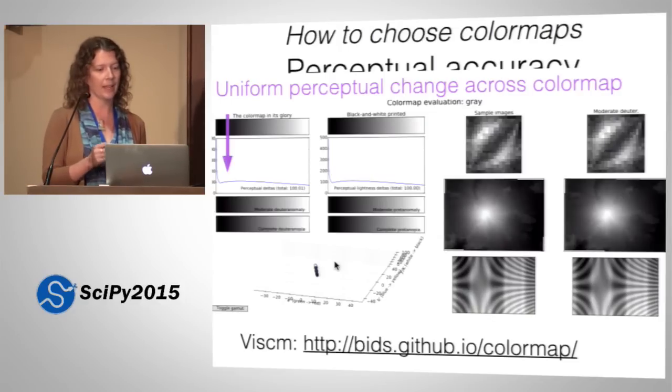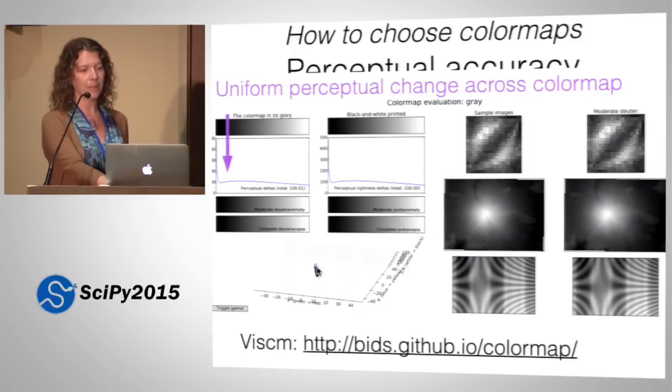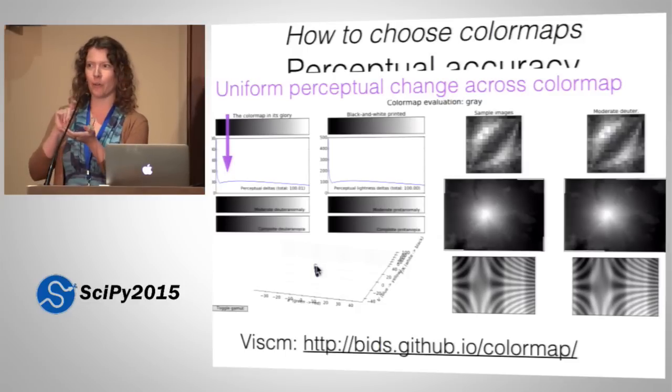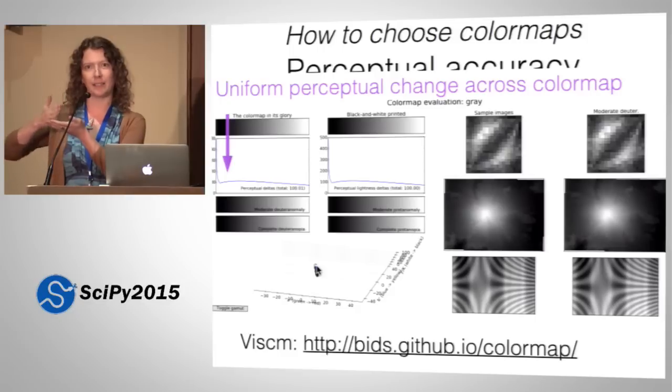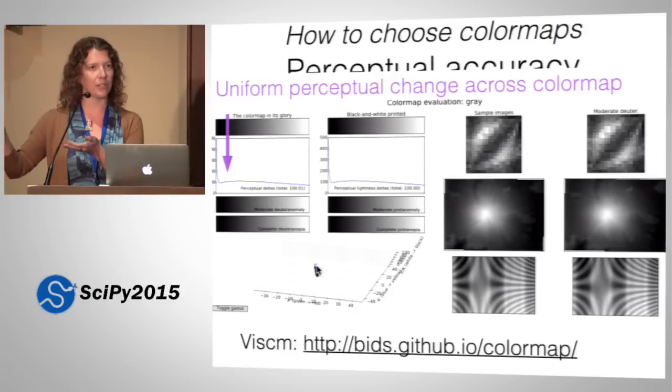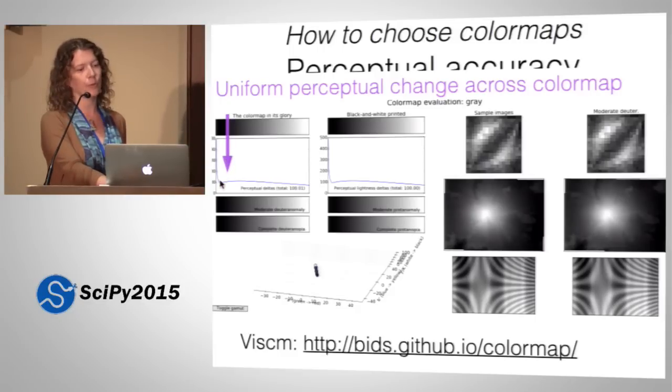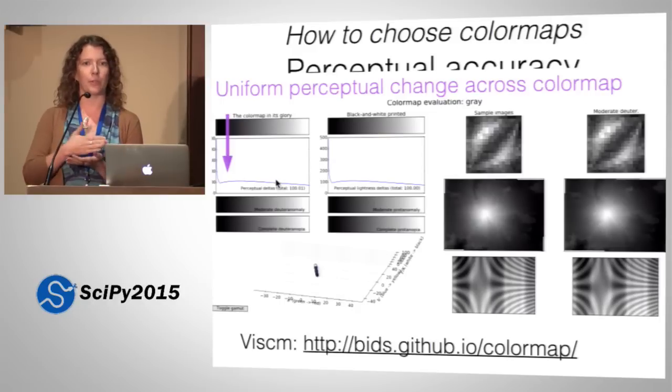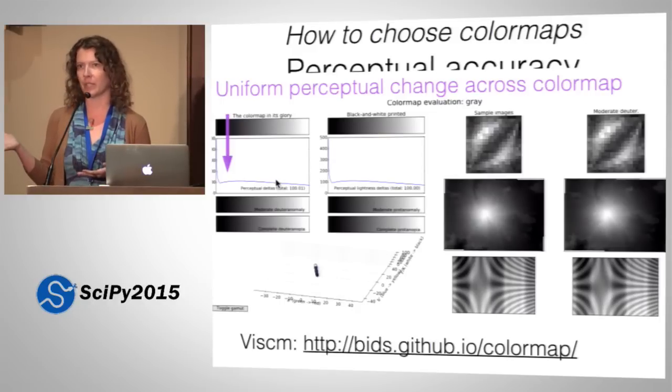So we can look at the color map in 3D color space for this color space and look at how the distances between the dots along the color map are changing. And we're looking for a horizontal line here, basically. We want to have uniform perceptual change as we step through this color map.